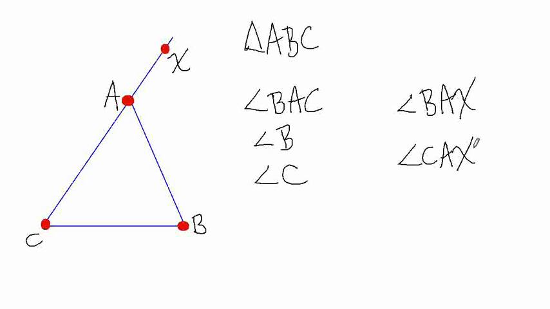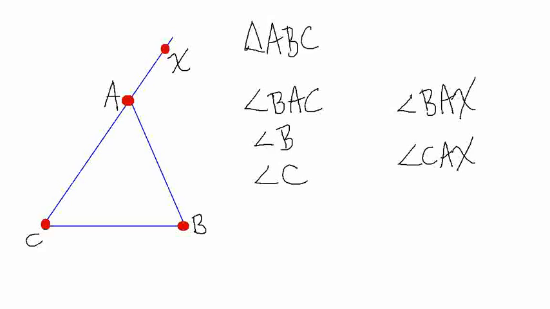Let me repeat that. Can you prove that angle BAX is bigger than angles B and C? That's what I'm calling the non-adjacent interior angles. Okay? Angle BAC is interior, but it's adjacent to the exterior angle. Okay, so you might want to pause the video and see if you can prove that. This is just to get us thinking about interior and exterior angles.